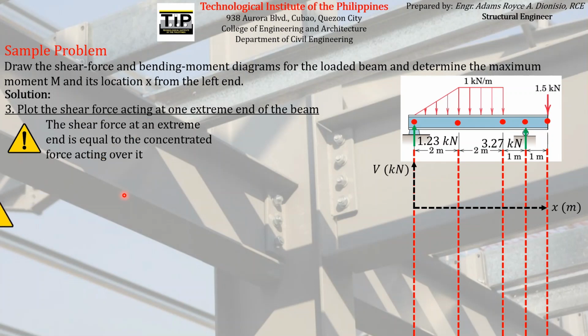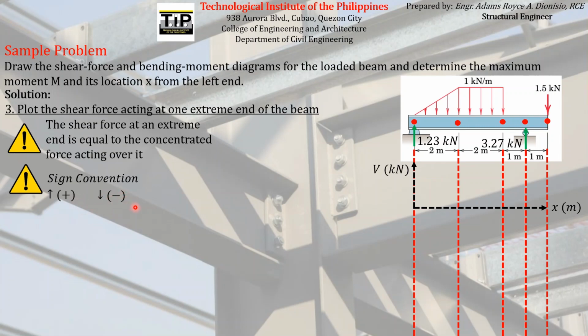But you have to take note that we have a sign convention because we are plotting it. So how can we know if we will plot above the horizontal axis or below the horizontal axis? Our sign convention that we can use on this technique that we are establishing is that all of the upward concentrated forces will be marked as positive.